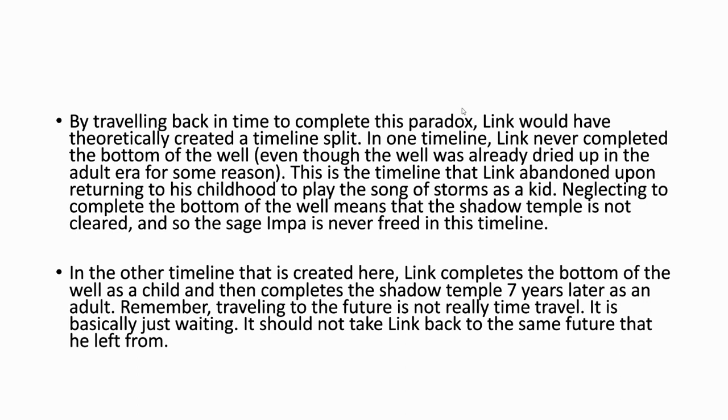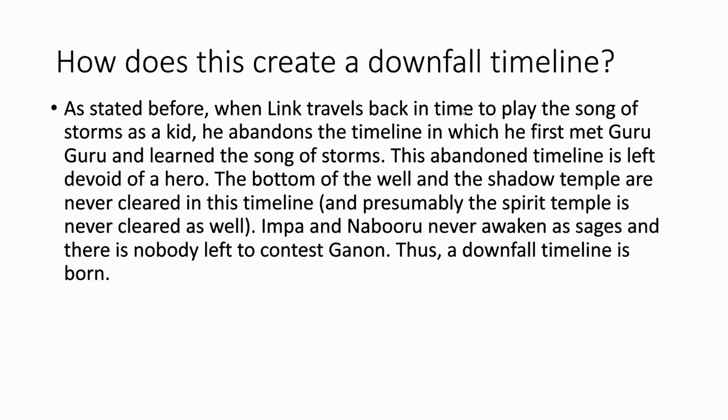So yeah, we have two timelines thus far. The timeline that Link learned the Song of Storms in as an adult, and he left that timeline and abandoned it and came to timeline 2, where he actually completed the bottom of the well and the Shadow Temple.